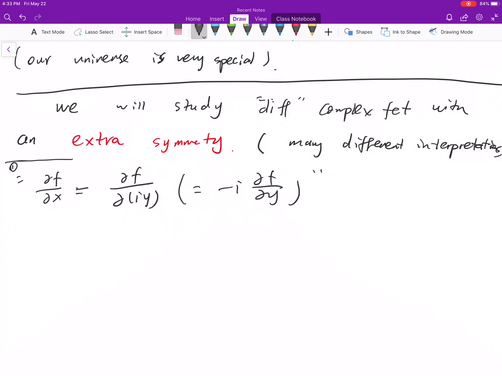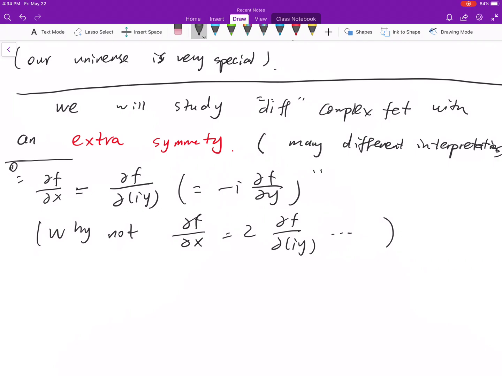And later on, we will show why we have this type of condition instead of, say, one partial derivative equals 2 times partial f partial iy or whatever. Because to determine one derivative, you have many ways.